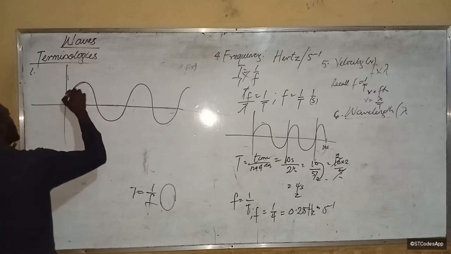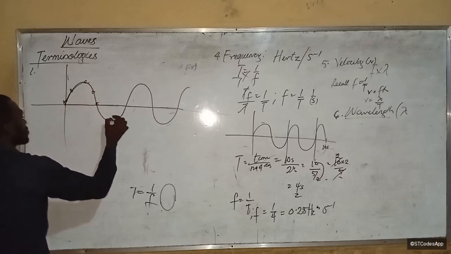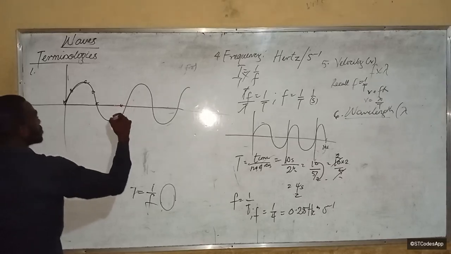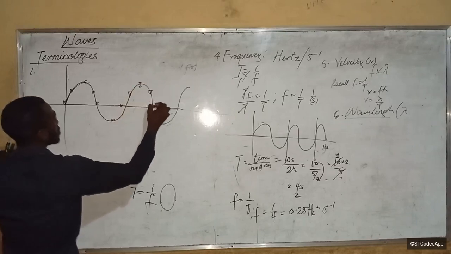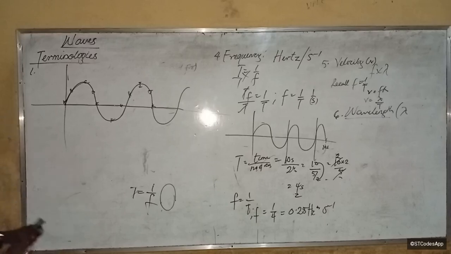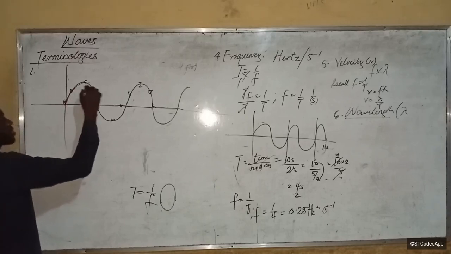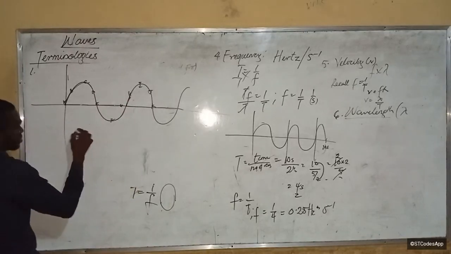And I label A, B, C, D, E, F, G, H, I, J, K. Now, which 2 points are in phase here? The points that have the same displacement from the minimum, right? So B here is on this side that is rising. I look for which side that is rising on this side. So B and H are in phase.